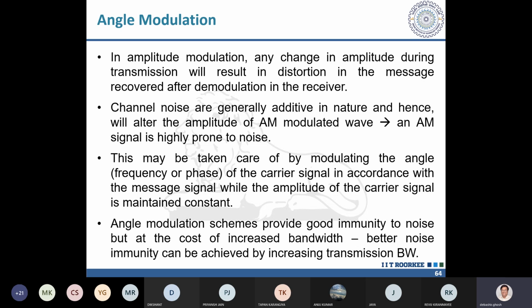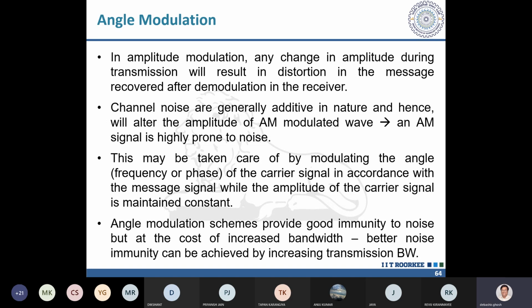I modify the frequency of this, or I modify the phase of this carrier signal, because the carrier signal has to be modulated, and that modulation should be proportional to my message. Earlier, what we were doing was changing the Ac value, the amplitude. Ac was multiplied with m(t), and hence the amplitude was modified proportional to my message.